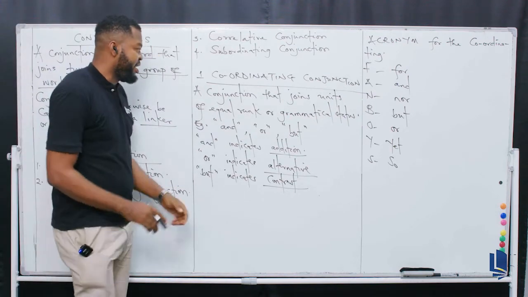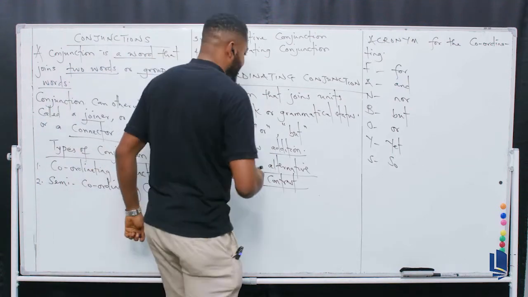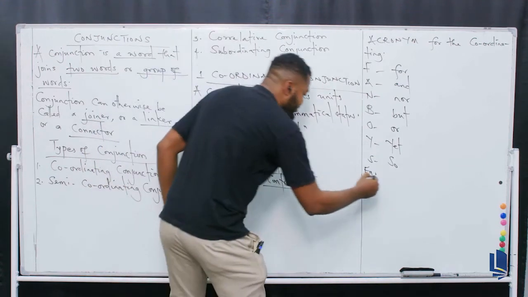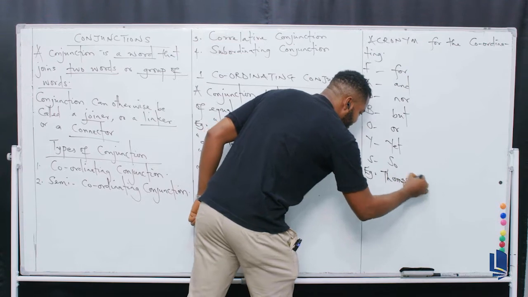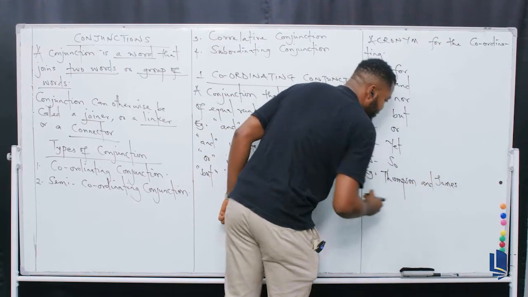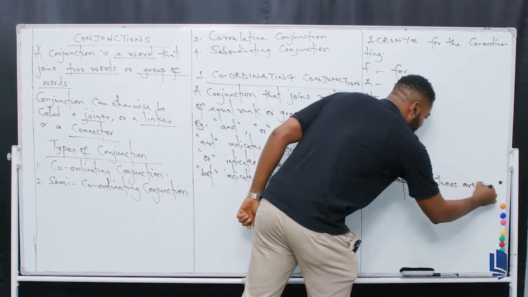Now, let's take an example to clarify this. For example, you can have: Thompson and James are students. Can you say that now? Let me write it here.